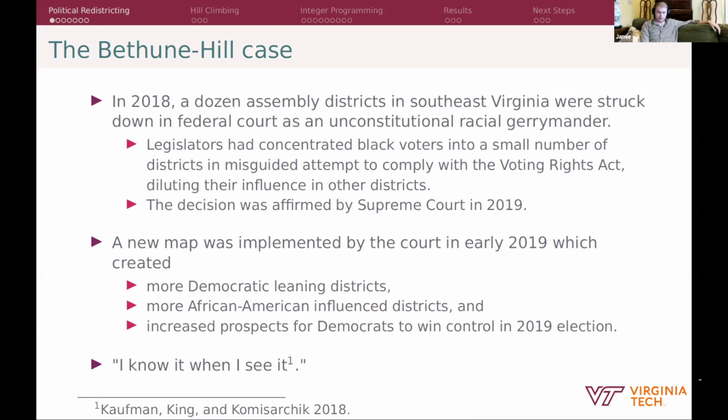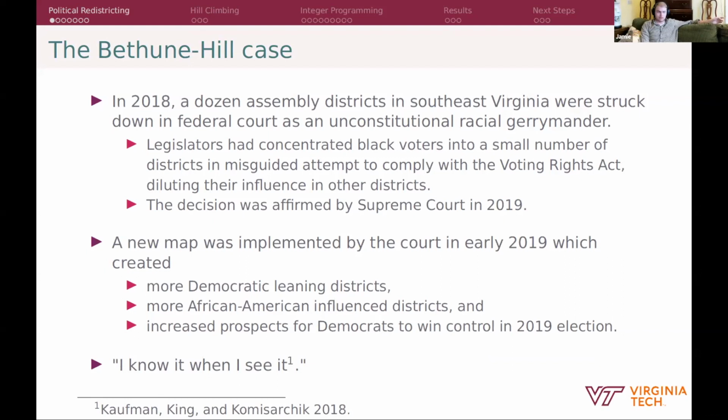The Supreme Court upheld that ruling in 2019, and a new map was created eventually with more Democratic leaning districts, more African-American influenced districts, and an increased probability that Democrats would win control in the 2019 election, which they did for the first time in a very long time.